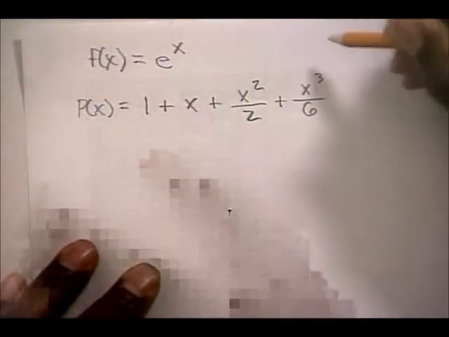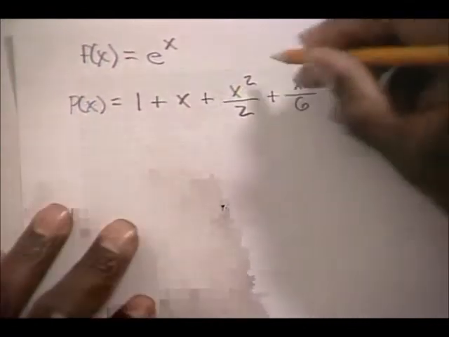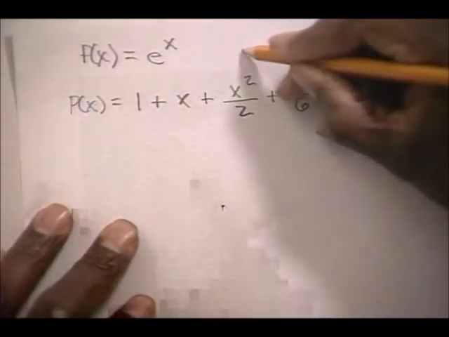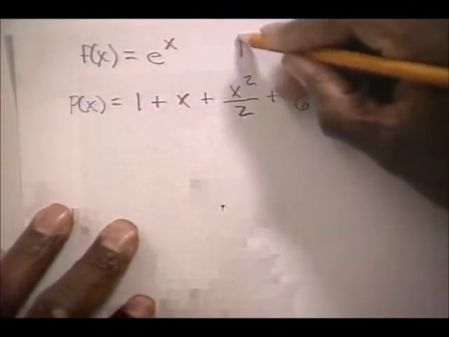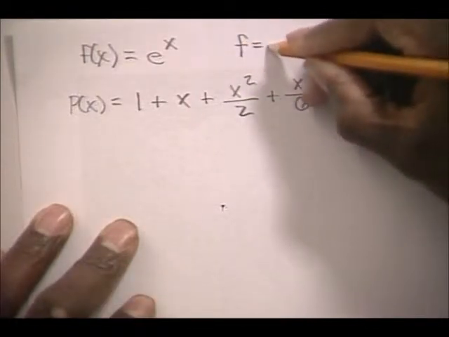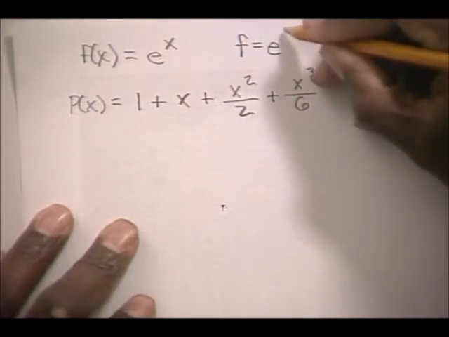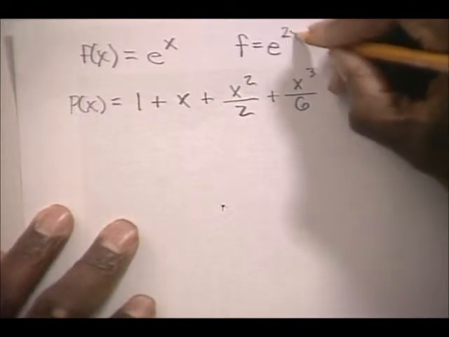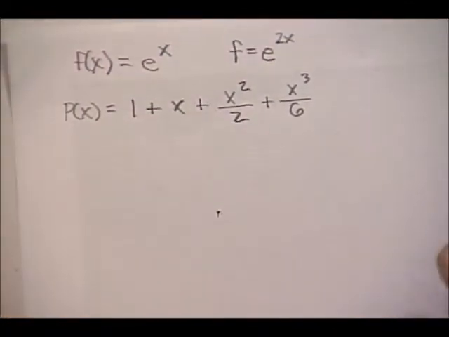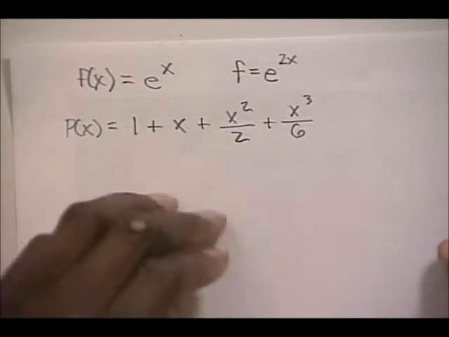What I'd like to show you is that sometimes I've seen problems on the AP exam where they'll ask you to rewrite f of x equals e to the 2x. We're going to end the show with this.